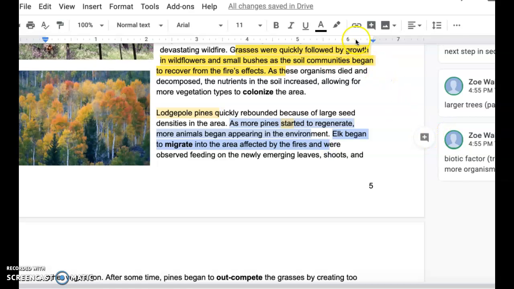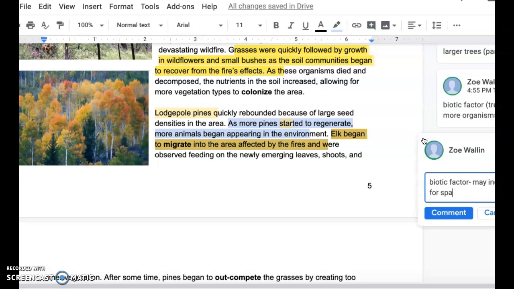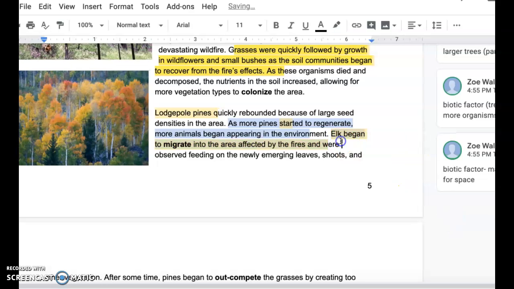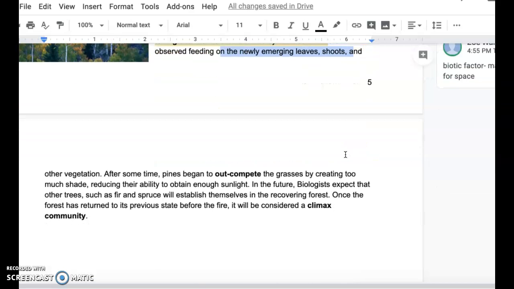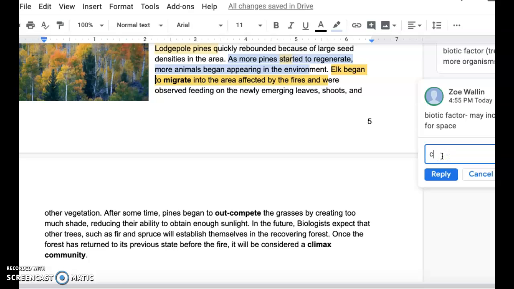Okay, so I know that this is also another biotic factor. May increase competition for space. They were observed feeding on newly emerging leaves, shoots, and other vegetation. So I'm going to say maybe compete for food sources with other organisms living, question mark.